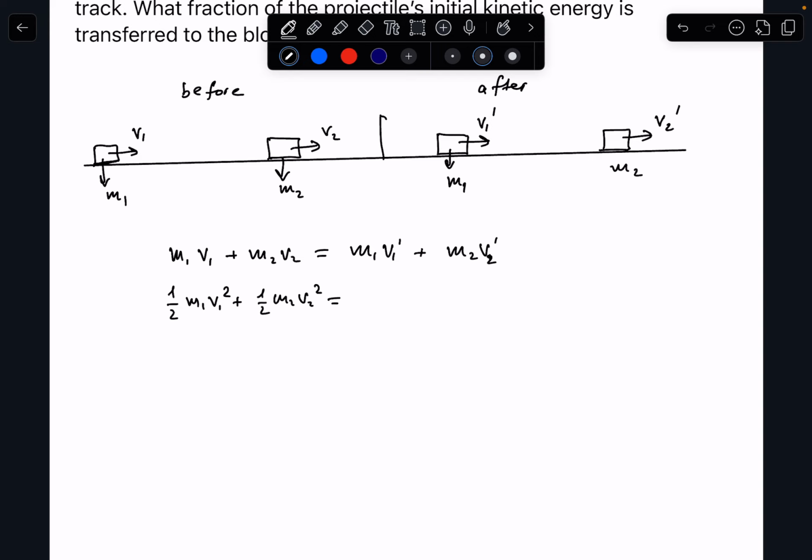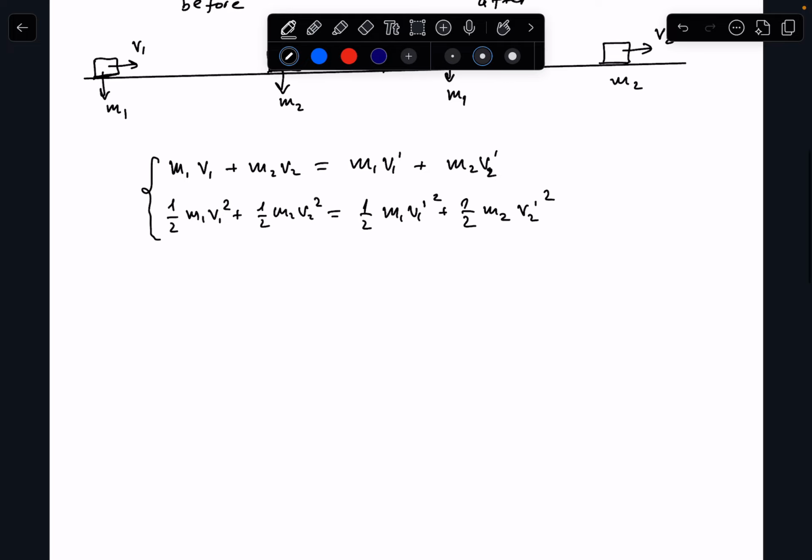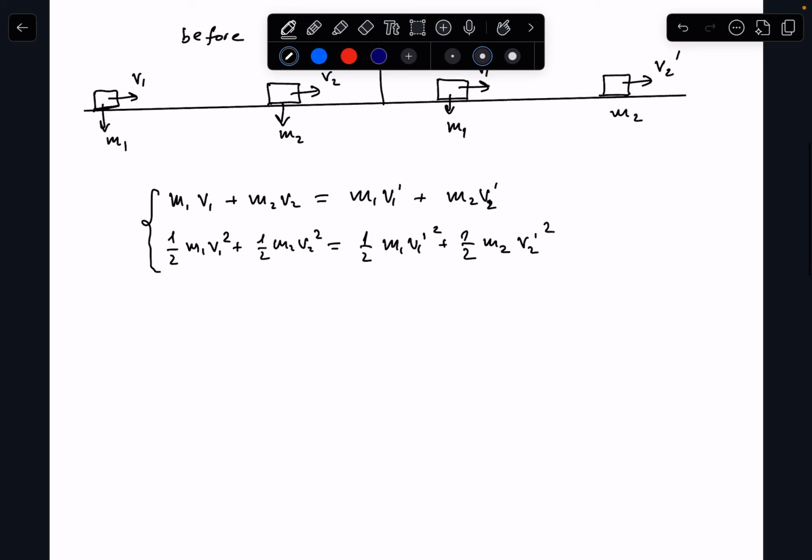So their potential energy will be the same always, so it subtracts on each side. After the collision we write 1 over 2 m1 v1 prime squared plus 1 over 2 m2 v2 prime squared. So we have these two equations to solve this problem, but let's make it easier.